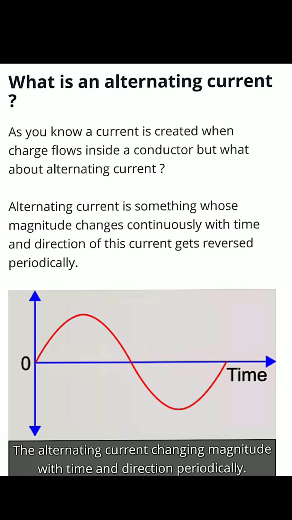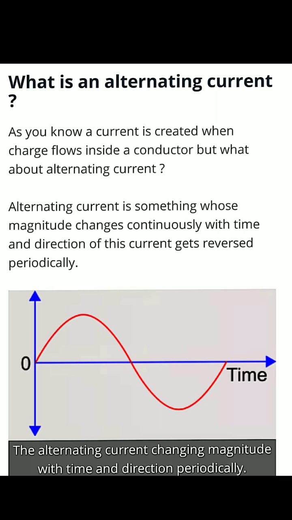Here in this graph, this is a sine graph. You see that the magnitude changes: at 0, then it increases to the maximum value, the peak point. After that it decreases, then again 0, then its direction reverses. On the negative side it also reaches the maximum value, then again comes to 0.